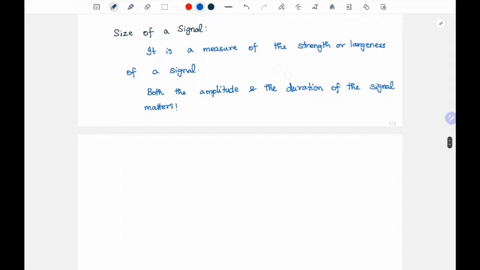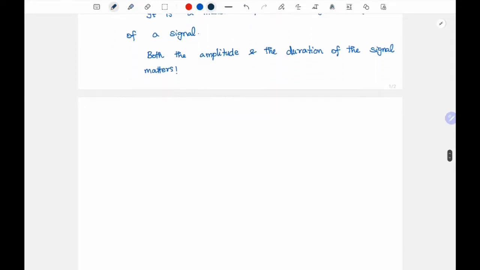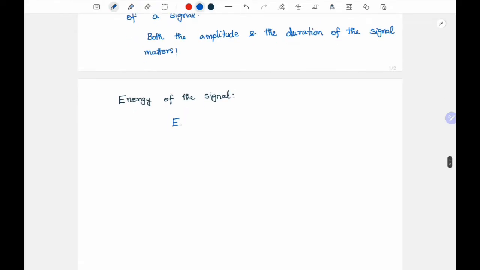So then we went ahead and defined two quantities. One is the energy of the signal. So what did we define the energy of the signal as? It is nothing but the area under the x square of t, right? So from minus infinity to infinity, if x of t is real, otherwise we just took the modulus square for complex quantities.